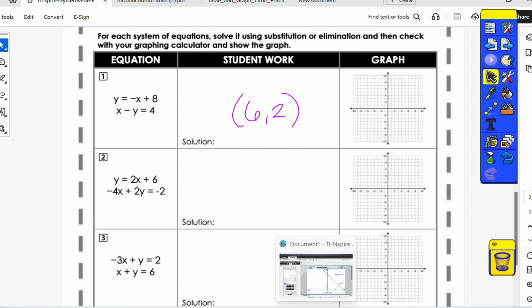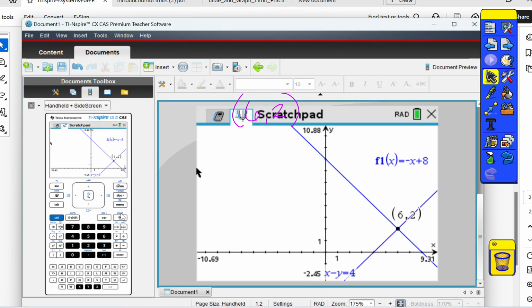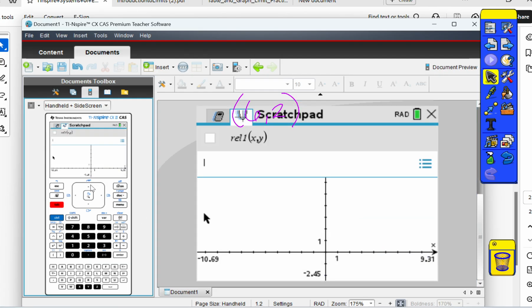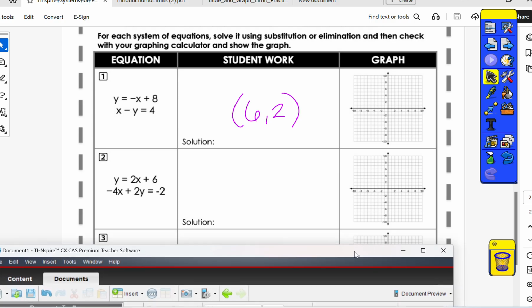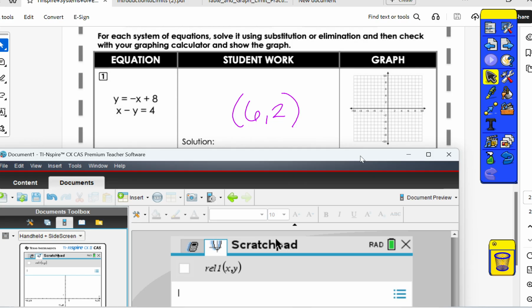Okay, let's try one more. Delete, delete, delete. Y equals, so I'm not going to switch back to function. I'm just going to type in y equals 2x plus 6.